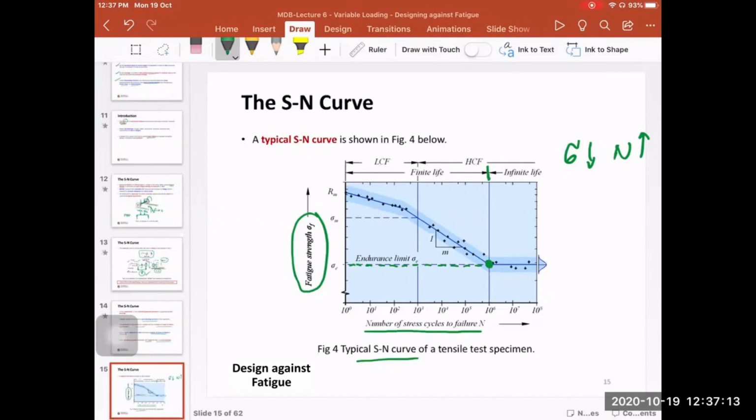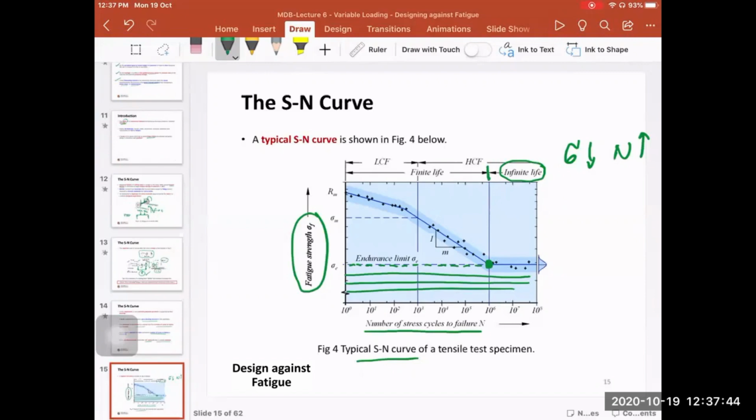If you apply any stress on the material that is less than this endurance limit, it will live forever without failure. That's why we say this portion on the right-hand side of this point has infinite life. Any stress lower than the endurance strength means that the component or the part is going to survive without any failure.